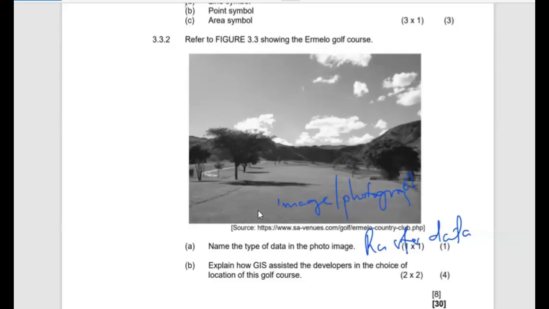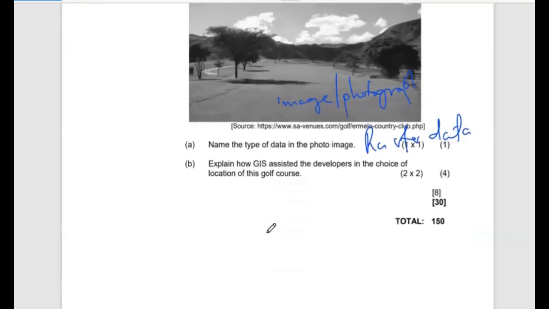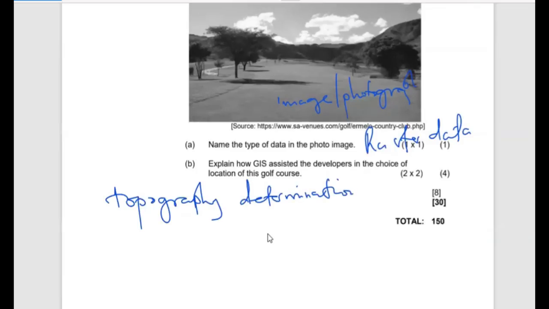Then explain how GIS assisted the developers in the choice of locating this golf course. You can talk of topography determination. They need to consider the topography of the area, how it looks, or the shape of the landscape.